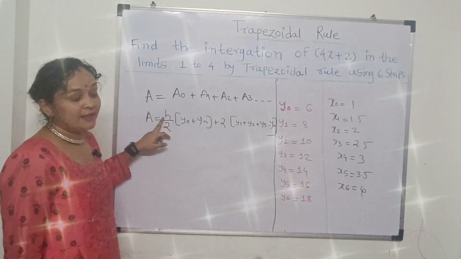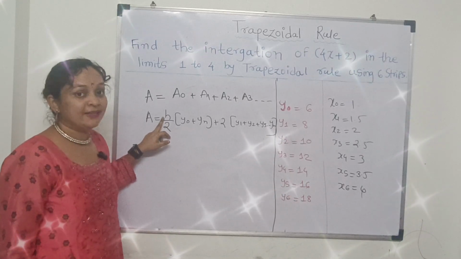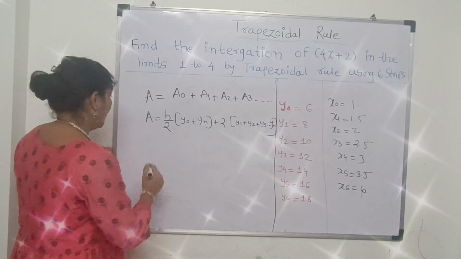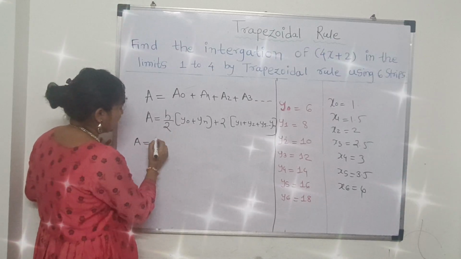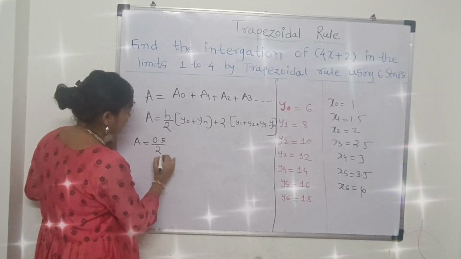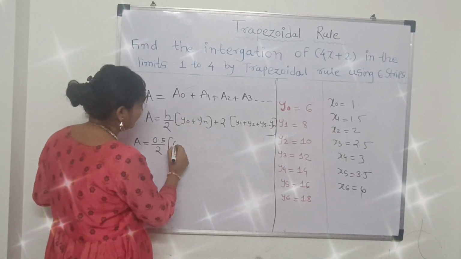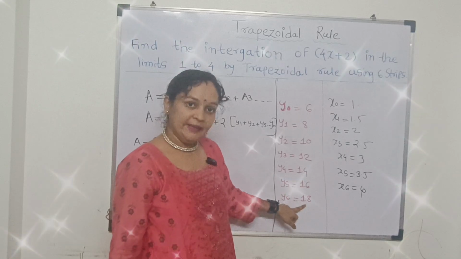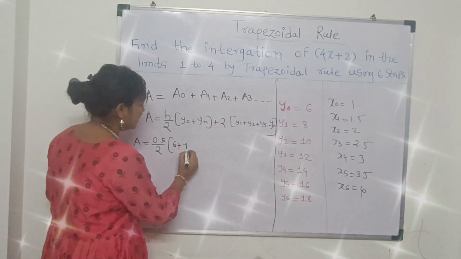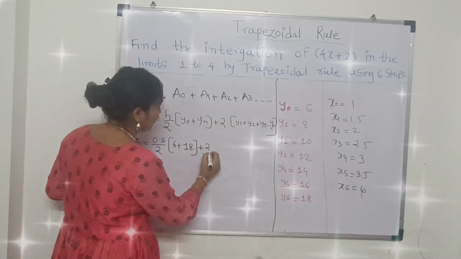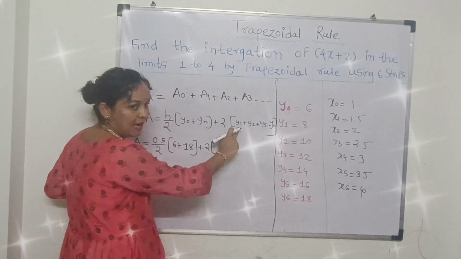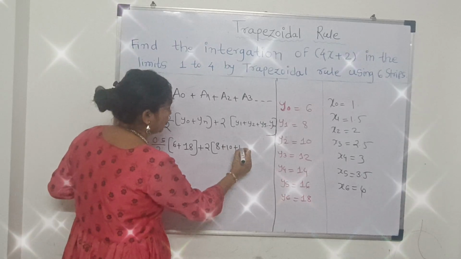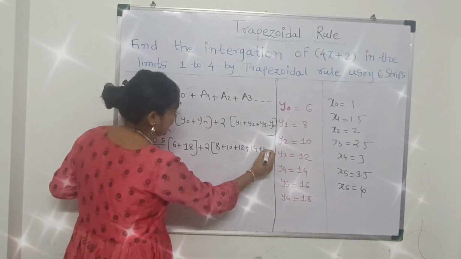You will also see they are adding the size function, that is the step function, which is really important to determine the accuracy. So you can put the value: step function 0.5 by 2 into bracket y0, which is 6, and yn, the last value, which is 18, plus 2 multiplied by, starting from y1, 8 plus 10 plus 12 plus 14 plus 16.